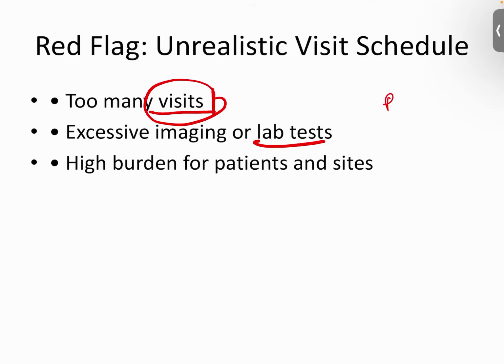Especially PK studies, mostly we design in phase 1, right? Phase 1 PK is very important, but sometimes sampling is after every 2 hours, like 2 hours, 4 hours, 6 hours. Then patients sometimes give up, saying we can't give so many blood samples, right? So designing of a protocol is very, very important.